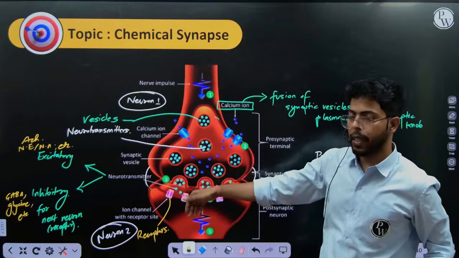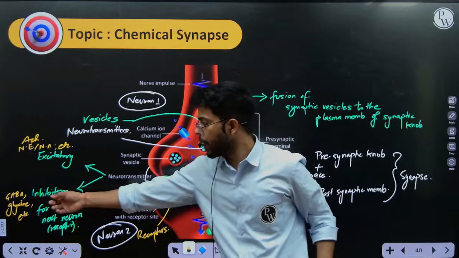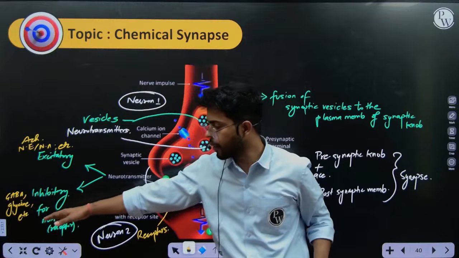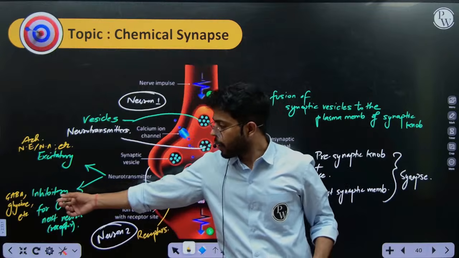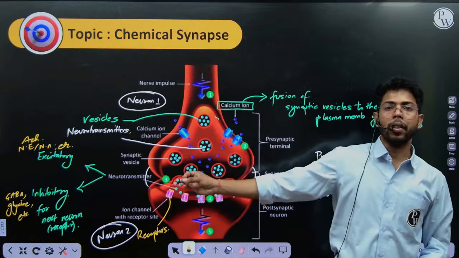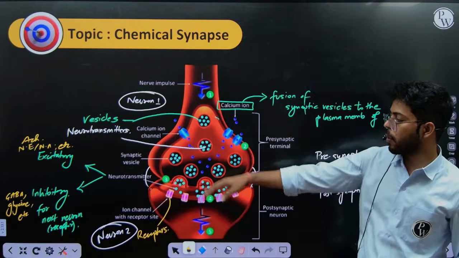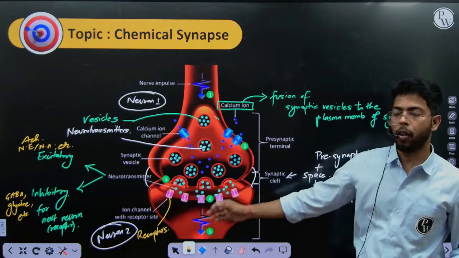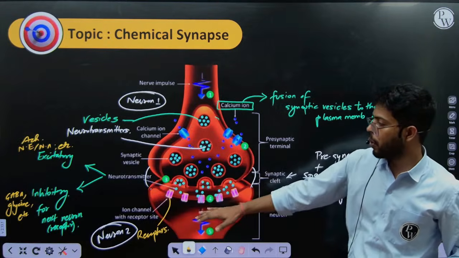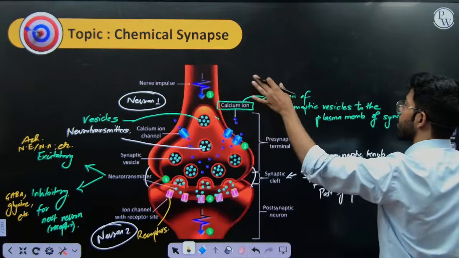That means it excites the next neuron. And when GABA or glycine is released, they are inhibitory in nature. That means they inhibit the nerve impulse. The nerve impulse cannot pass from neuron 1 to neuron 2. So this is the chemical synapse.